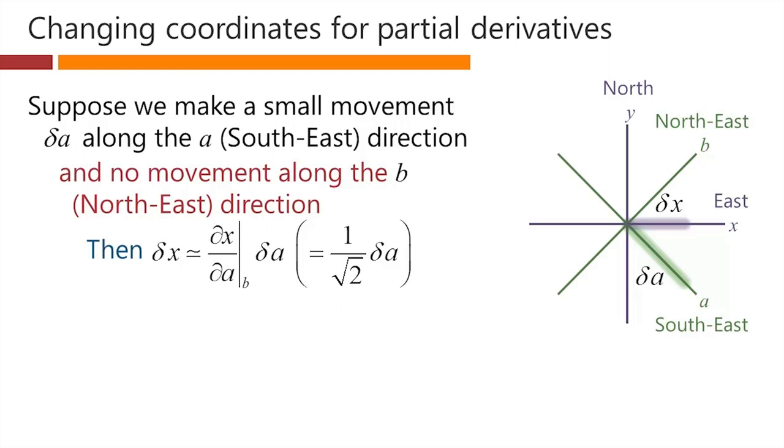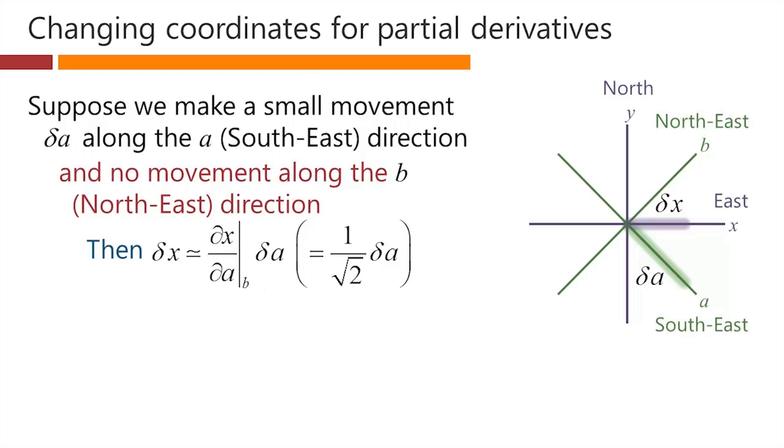Suppose that we make a small movement, delta a then, along this southeast direction, and no movement at all in the northeast direction. Then we will move an amount delta x along the x-axis, that is dx by dA at constant b times delta a.